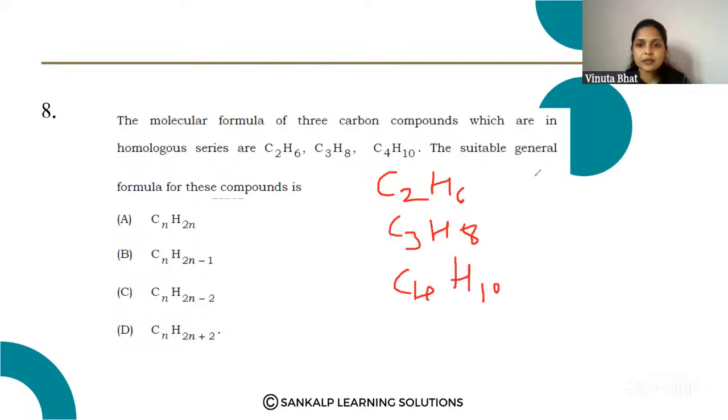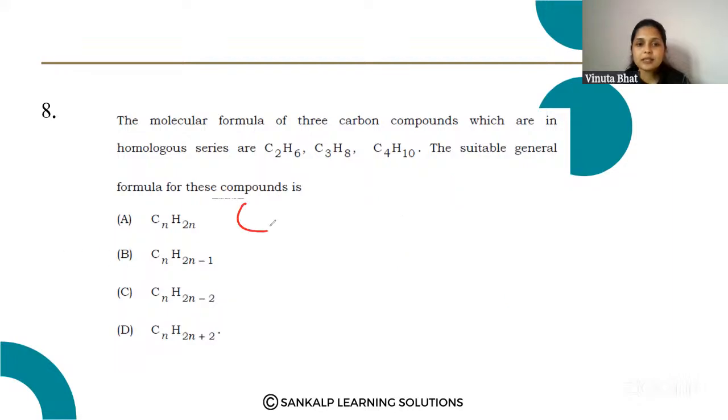Just apply the CnH2n plus 2 formula. Here C2: 2 into 2, 4 plus 2, that is 6. And for 3: 3 twos are 6 plus 2, 8. So it satisfies the formula CnH2n plus 2.